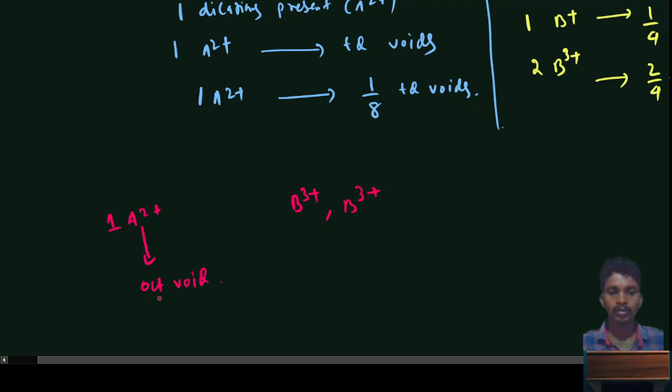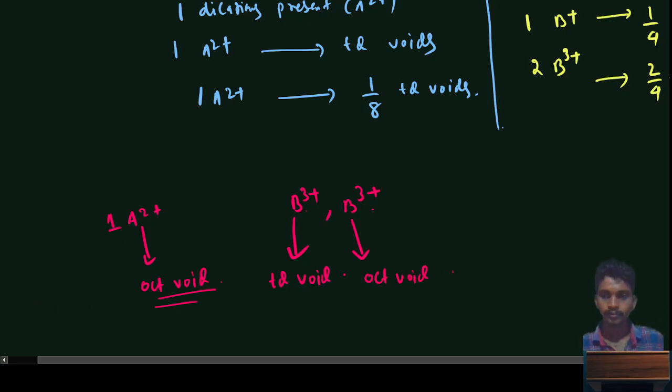Since one has occupied the octahedral sites, this one may occupy the tetrahedral sites and the others will again occupy the octahedral sites. Why am I saying that?